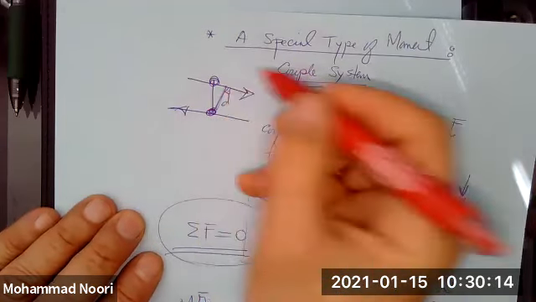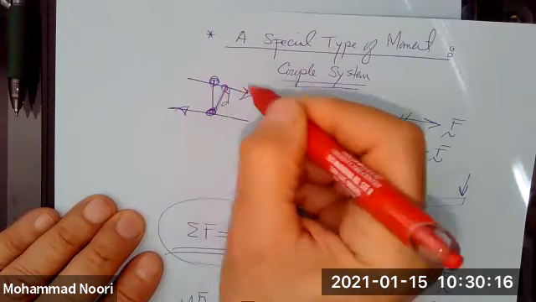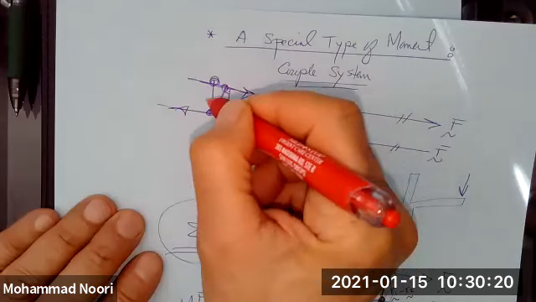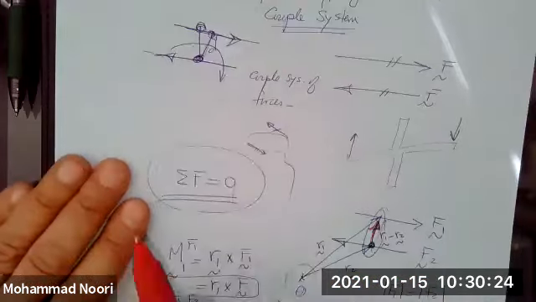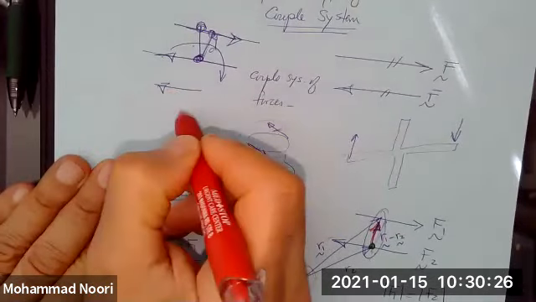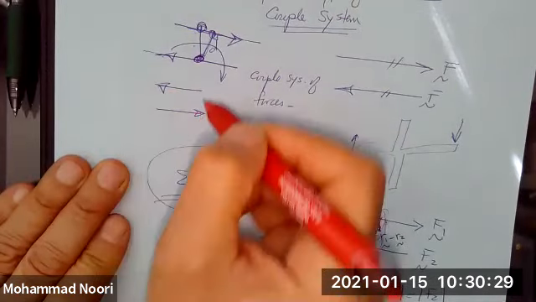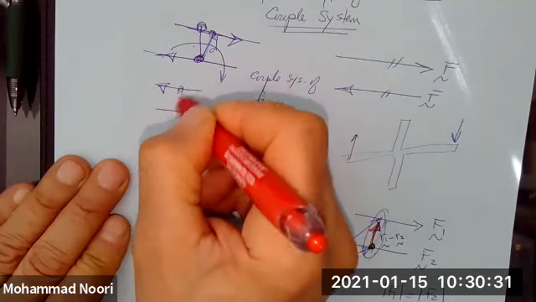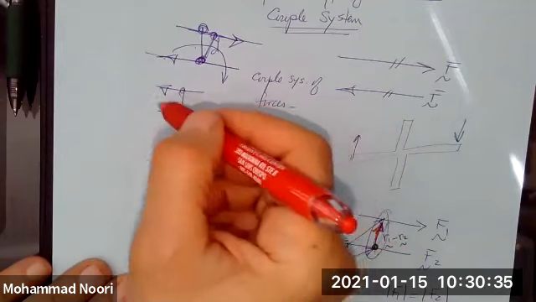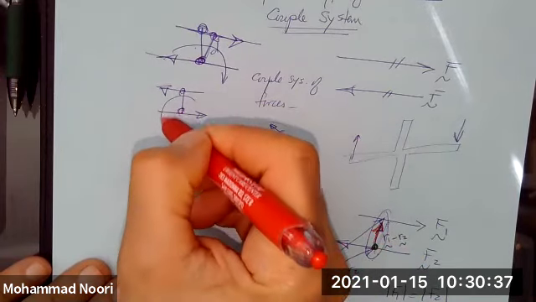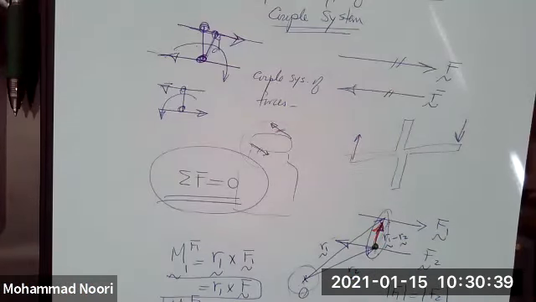If this moves this way and this moves that way, what direction is this going to rotate? It has to rotate this way, right? If these two move this way, what direction is this going to rotate? This way. So that's how you find the direction.